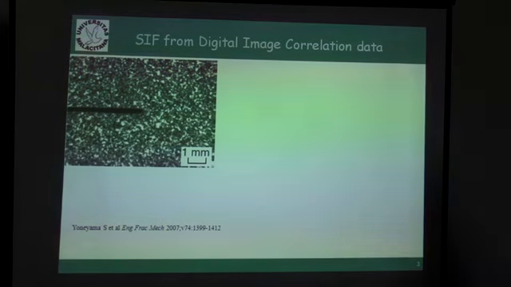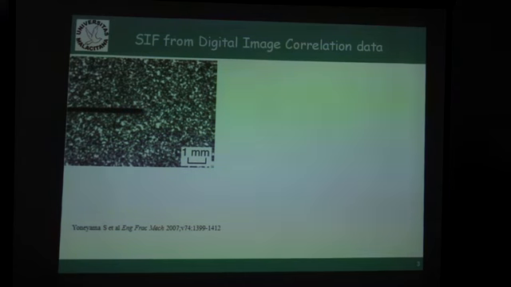On the other hand, image correlation is more versatile and cheaper. It doesn't have all these requirements, and probably because of that, it has been used quite a lot in the past decade or so for evaluating the stress intensity factor.